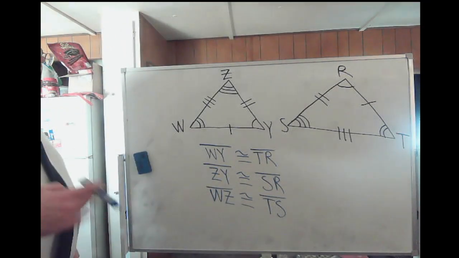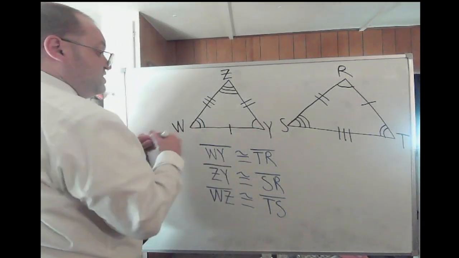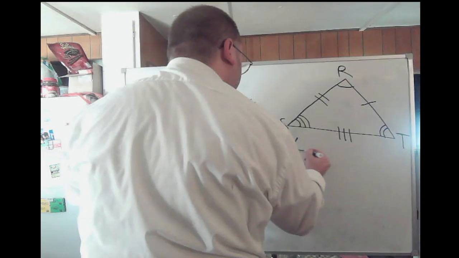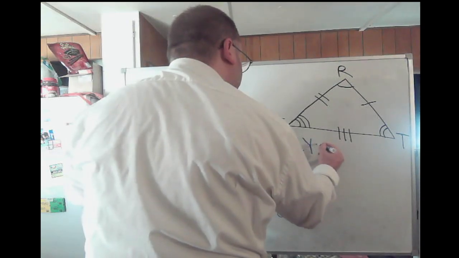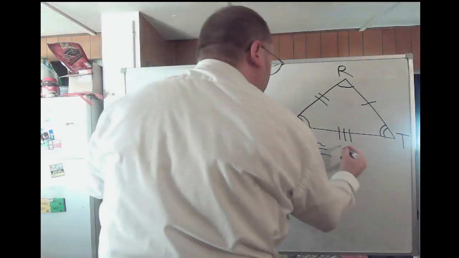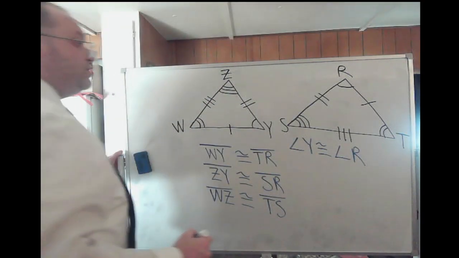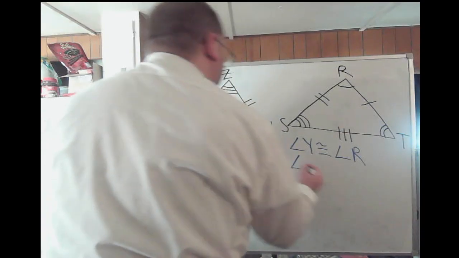Now let's identify congruent angles. Let's start with the one arc. Looks like angle Y is congruent to the other one arc, angle R. So angle Y is congruent to angle R. Let's go for the two arc marks.